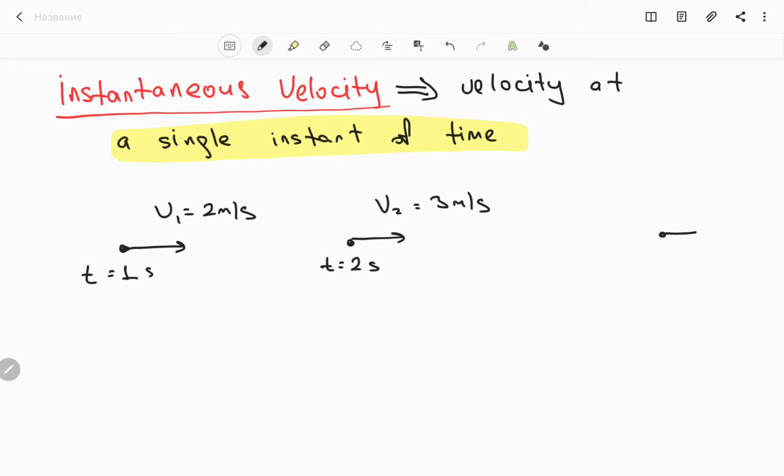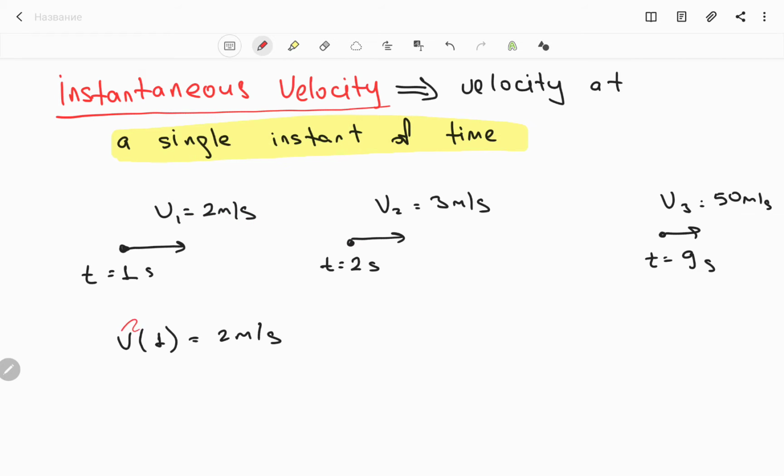Somewhere here, let's say when time was equal to 9 seconds, velocity was equal to, let's say, 50 meters per second. So instantaneous velocity, basically velocity when time was equal to 1, is equal to 2 meters per second.